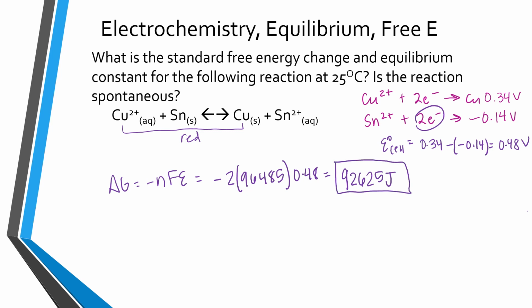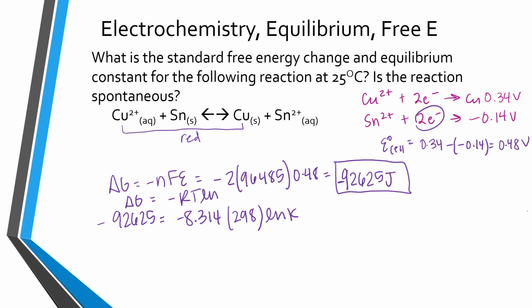And then my K value, using the equation delta G equals negative RT natural log of K. And I get that K equals 1.7 times 10 to the 16th.